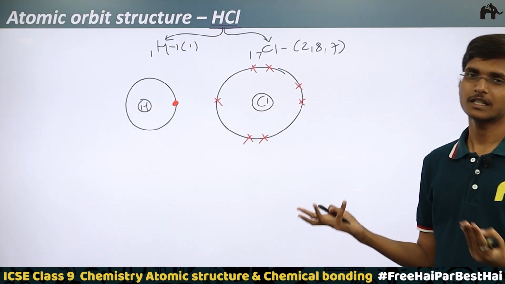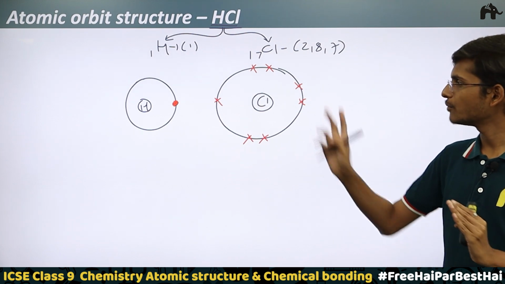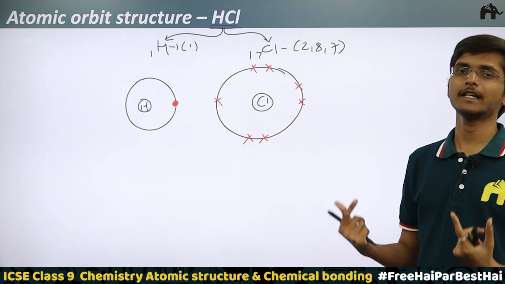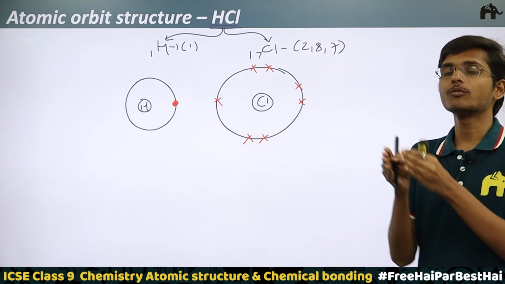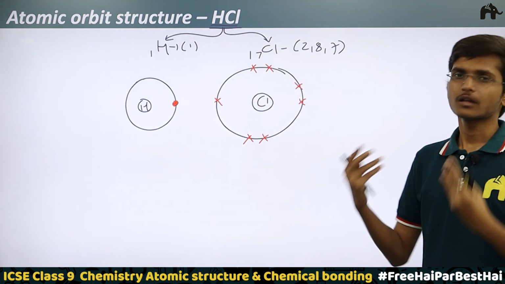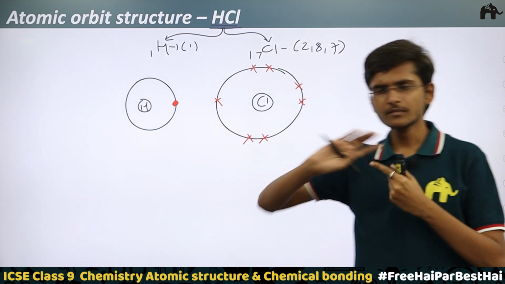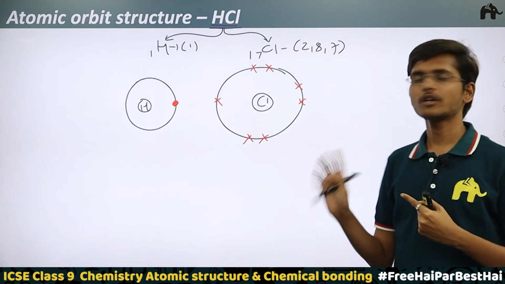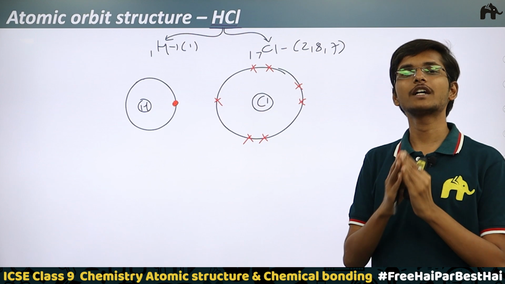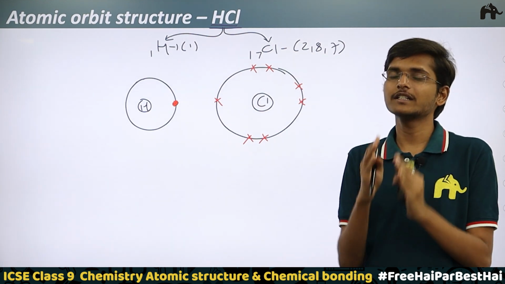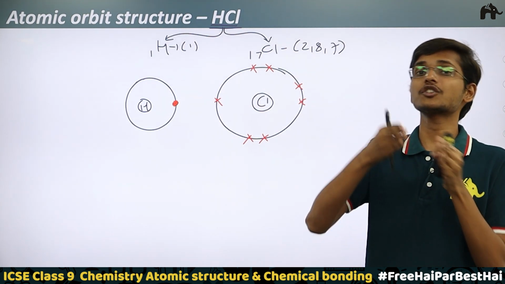Now the logic remains the same, the concept remains the same. Both of them want to attain their nearest noble gas configurations. This is the main basic thing. Every atom, when it is forming a covalent bond or an ionic bond, wants to attain the electronic configuration of its nearest noble gas.